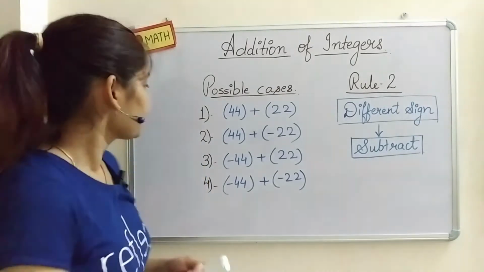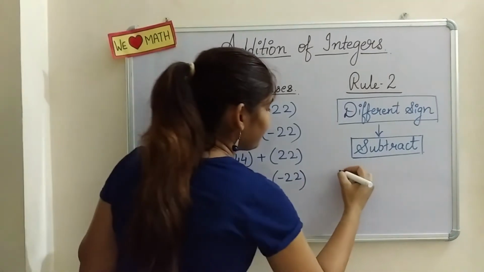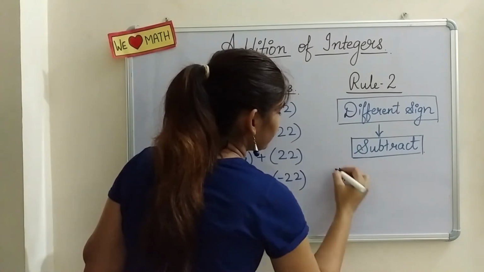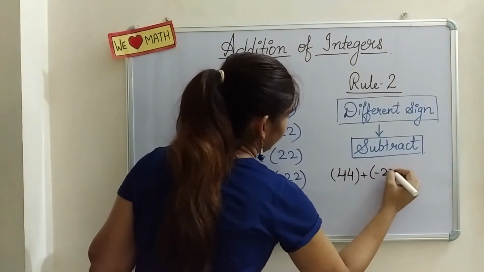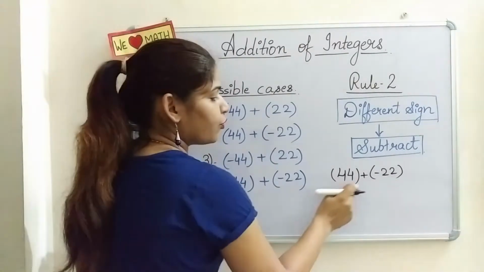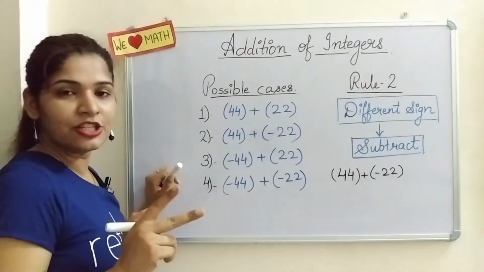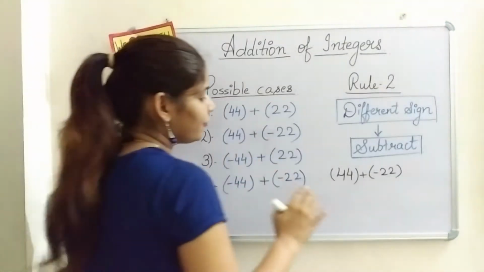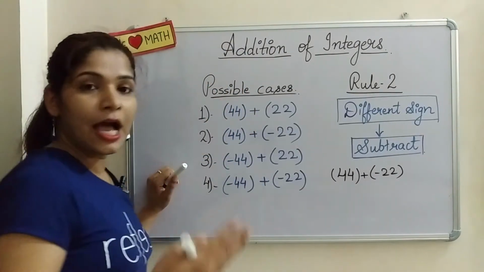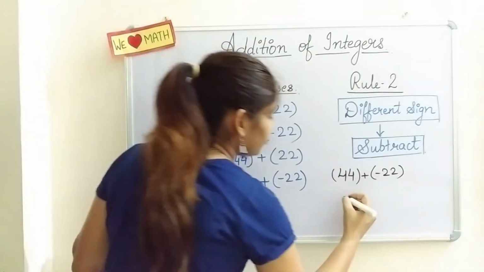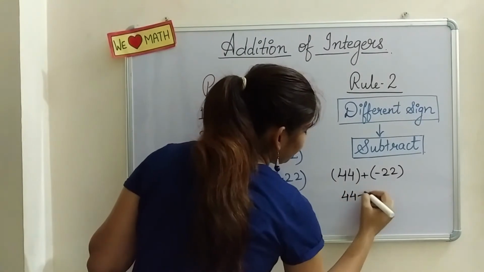Let us see how. In case number 2, we have plus 44 and then minus 22. Both have different symbols, so we subtract the absolute values, that is 44 minus 22.